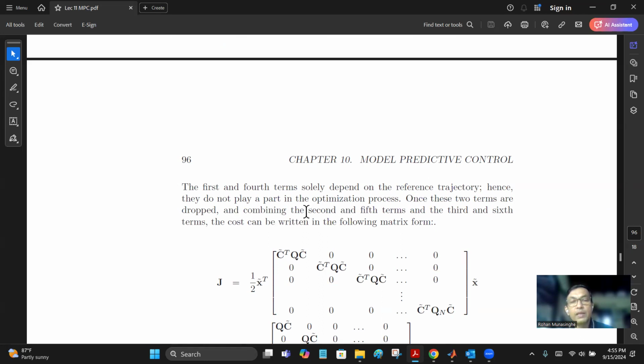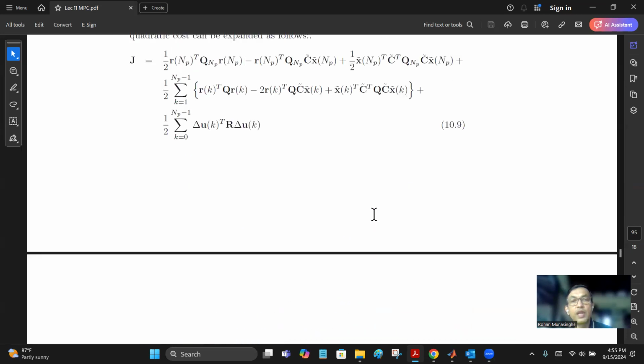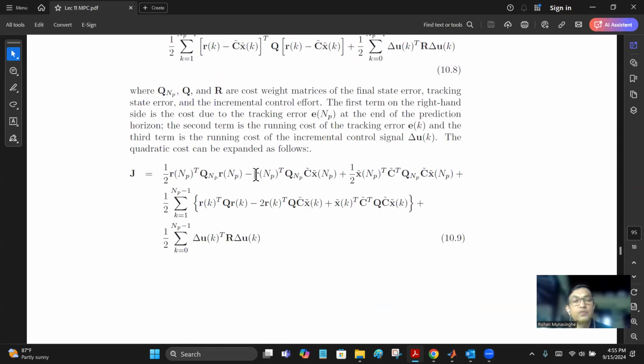Then you can combine the second and fifth terms. Look at that. The second term, which is this one, and the fifth term, 3, 4, 5, fifth term, right? You can combine these two together. How? The second term over here, of course, is multiplied with this half, the 2 goes away.